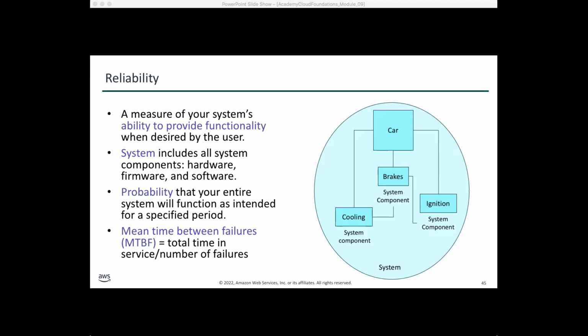Each of these car components, for example cooling, ignition, and brakes, as given in this figure, must work together in order for the car to run or function properly. If we start the car and ignition fails, we can't drive. The car is not available, not reliable. If ignition fails repeatedly, the car is considered not to be reliable.